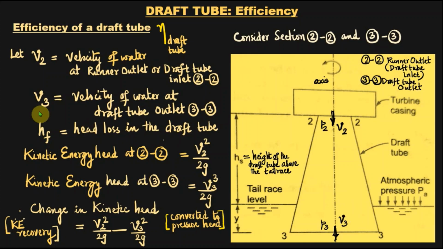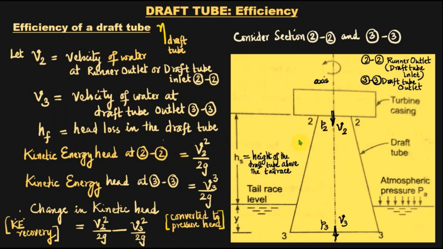And now we will consider the kinetic energy head and how much kinetic head has been recovered by the draft tube. Now consider that H suffix F, HF, be the head loss in the draft tube. During the flow through the draft tube, let the pressure head loss be HF.